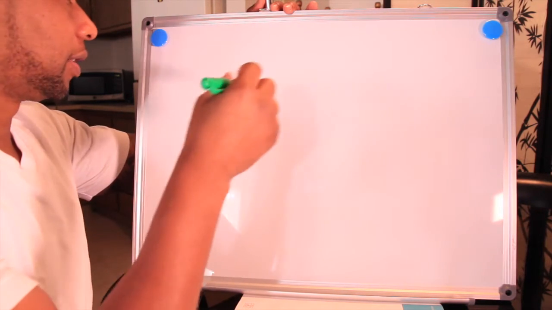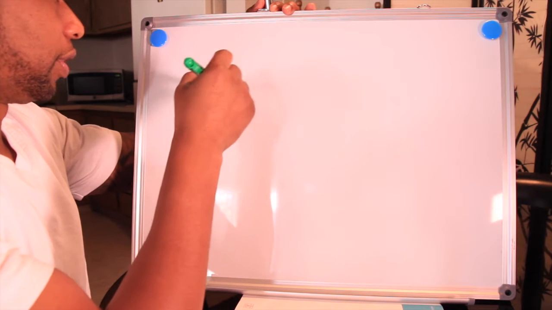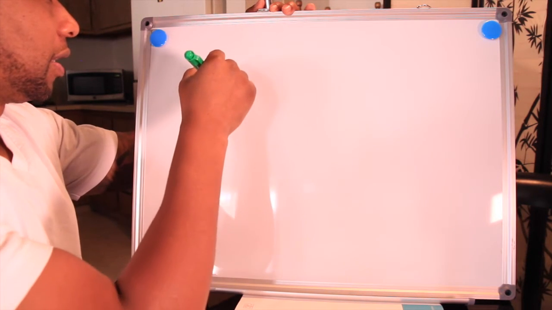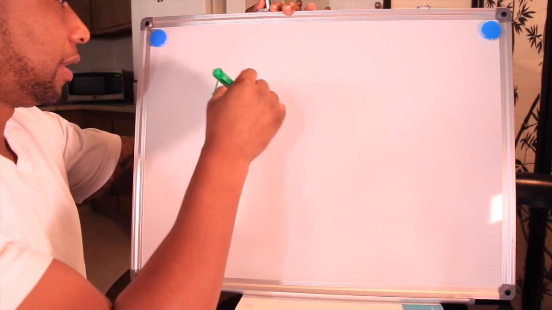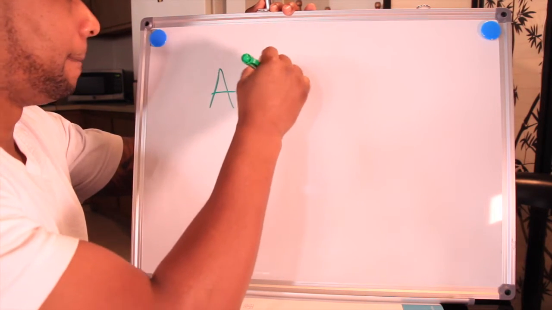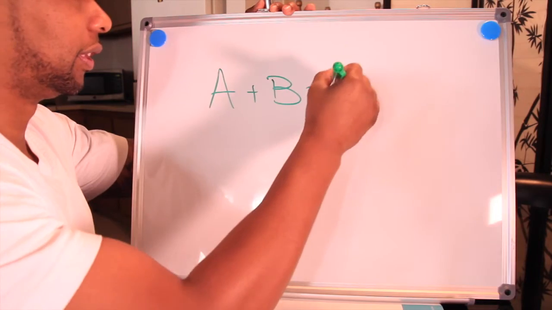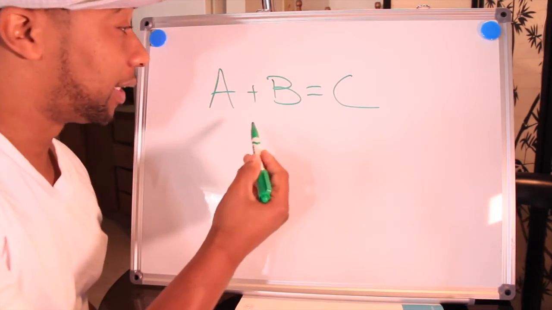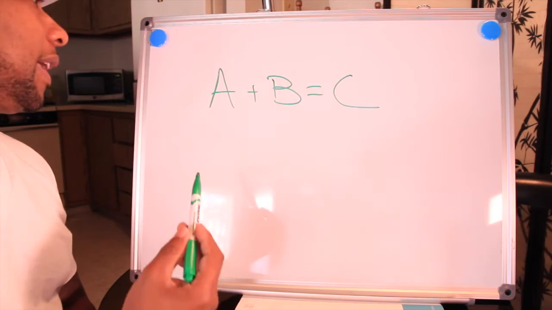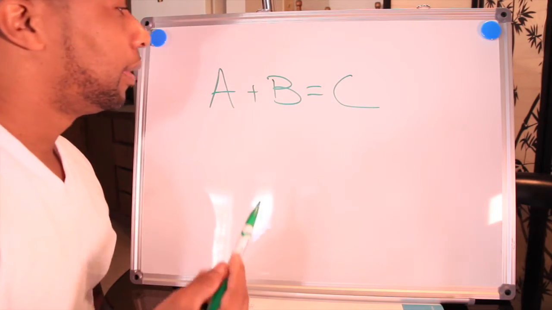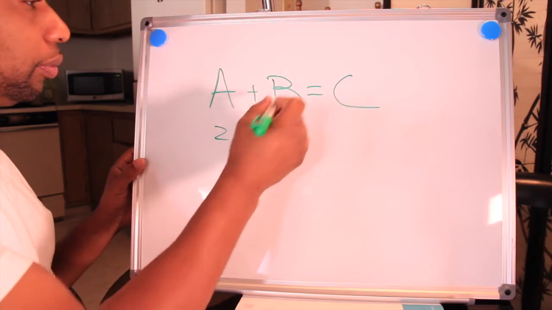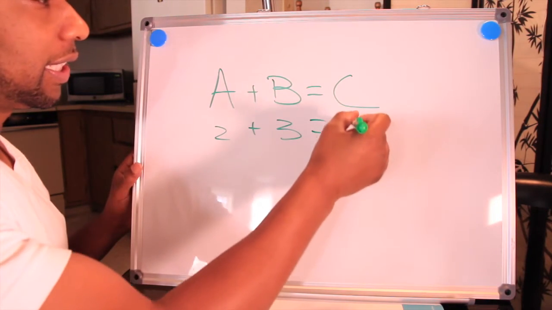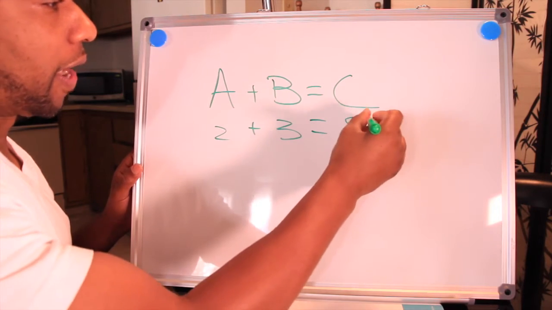We're given formulas or equations or variables, like A plus B equals C. And these are what you call variables, right? Because A can equal 2, B can equal 3, and if that was the case, C would equal 5.